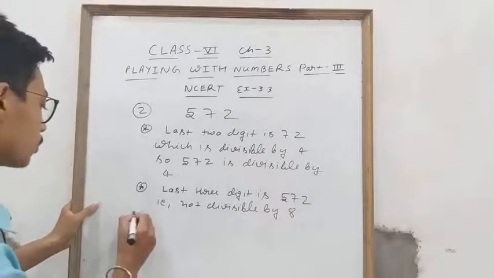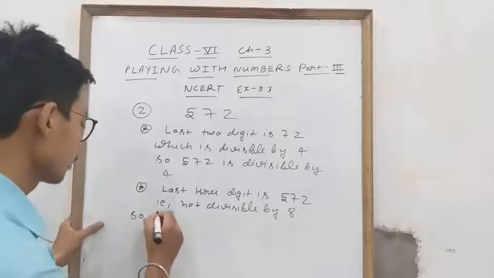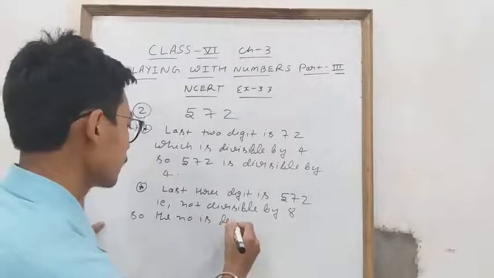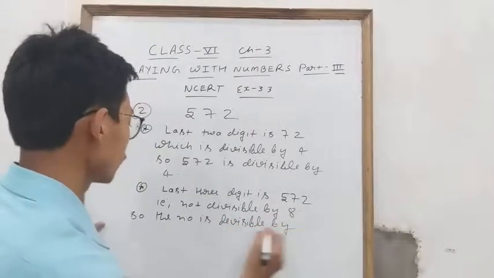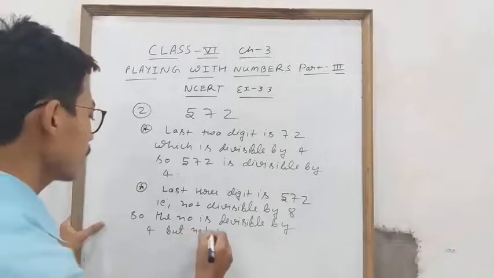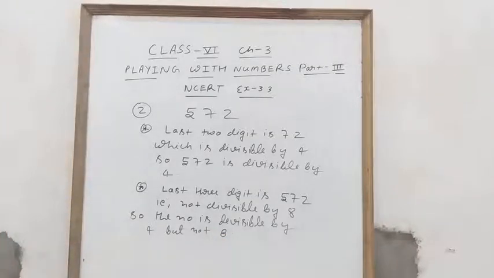So you will write down that the number is divisible by 4 but not 8. Clear everyone? The last 2 digits are divisible by 4, so the number is divisible by 4, and the last 3 digits are not divisible by 8, so the number is not divisible by 8. Clear everyone?